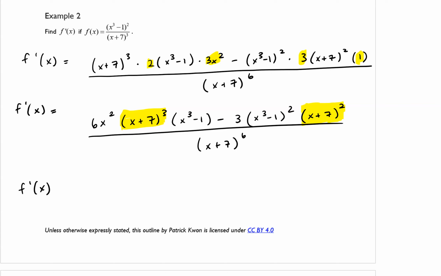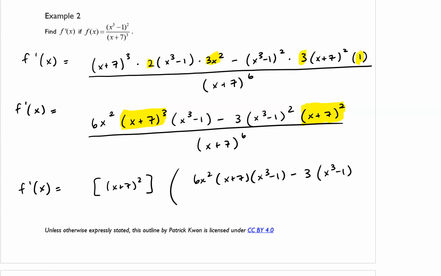So I'll have f prime of x equals (x plus 7) squared times [6x squared times (x plus 7) times (x cubed minus 1) minus 3 times (x cubed minus 1) squared] all over (x plus 7) to the 6th power. And then I can divide this, and then the new power for that would become 4.